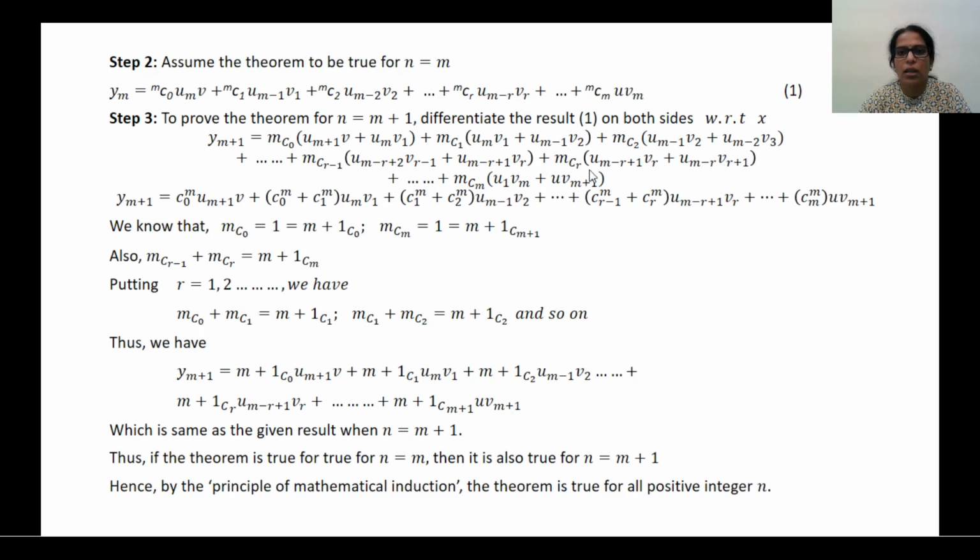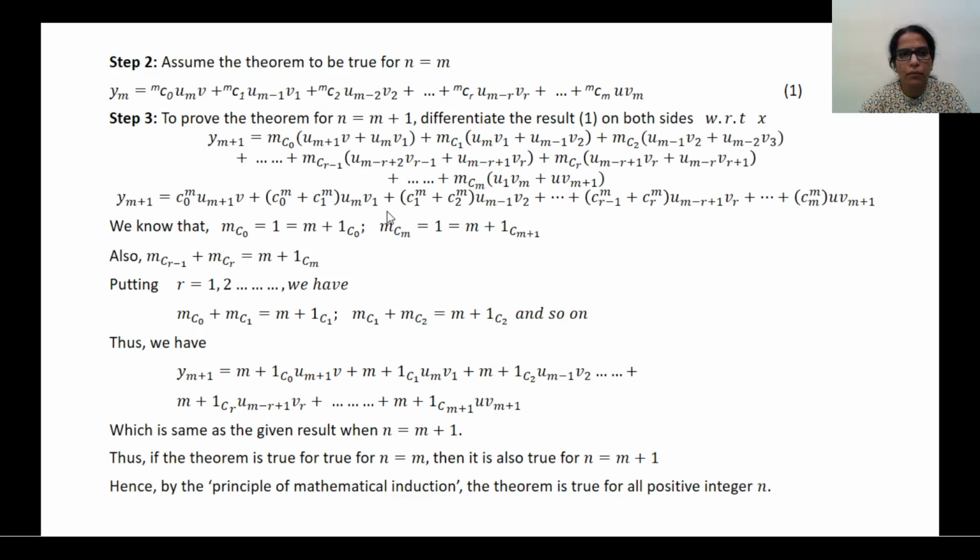Got it? Plus etc. The differentiation of the last term is mCm u1 into vm plus u into v(m+1). While differentiating, we have applied the product rule to each of these terms.